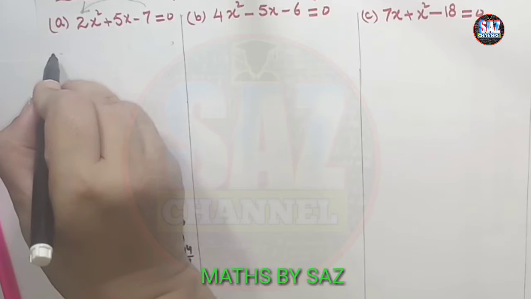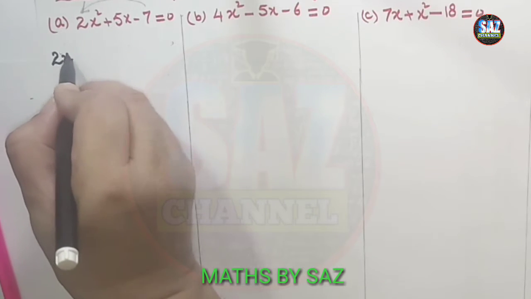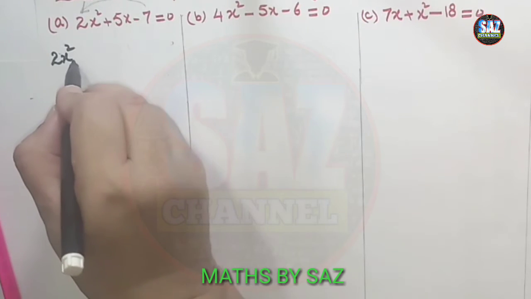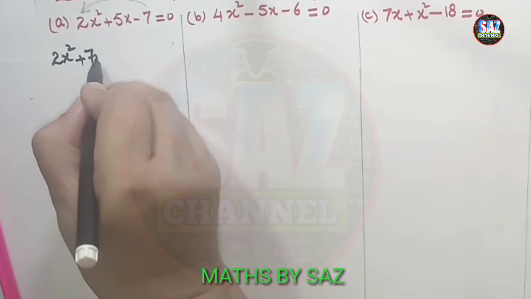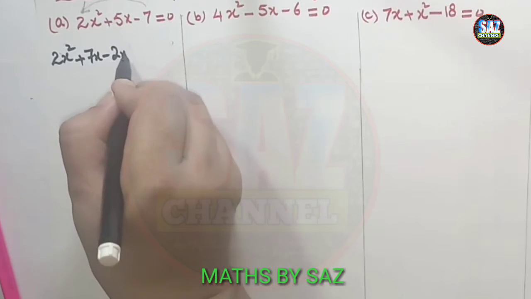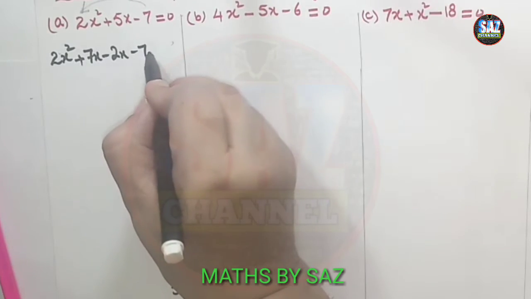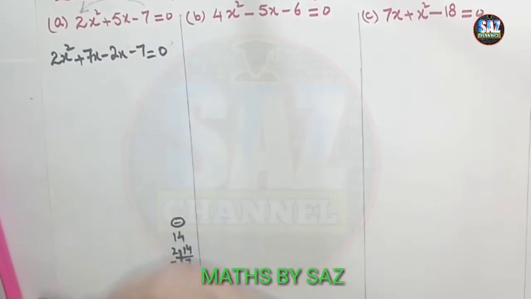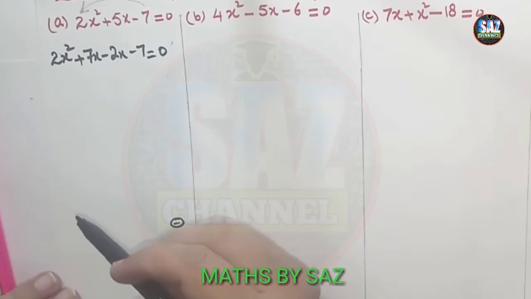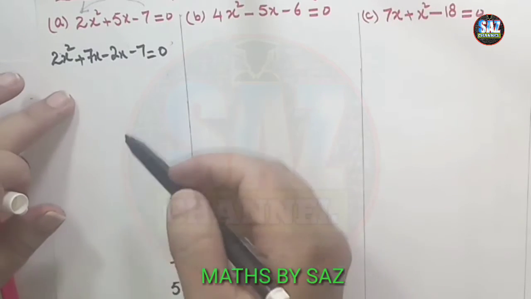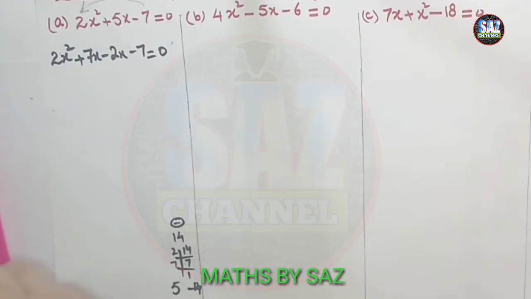So I have to break this expression into 4 terms: 2x square plus 7x minus 2x minus 7 equals 0. Then my expression has been divided into 4 terms, and I have to extract some number or letter as a common factor.